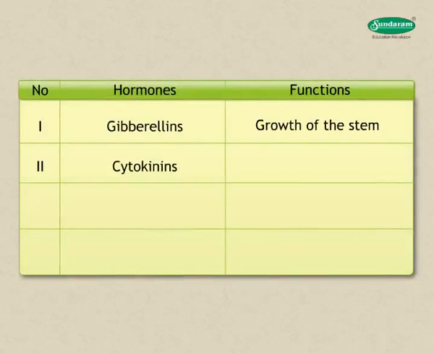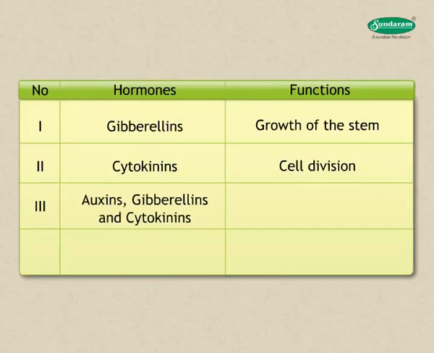Cytokinins promote cell division and hence is found in greater concentration in areas where rapid cell division takes place, such as fruits and seeds. Auxins, gibberellins and cytokinins help in promoting growth.